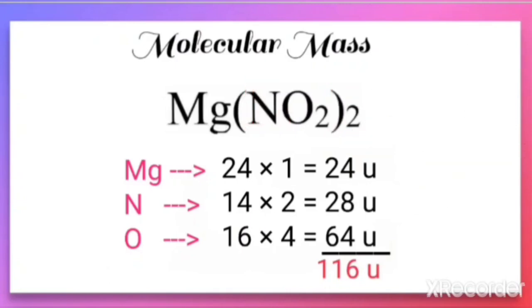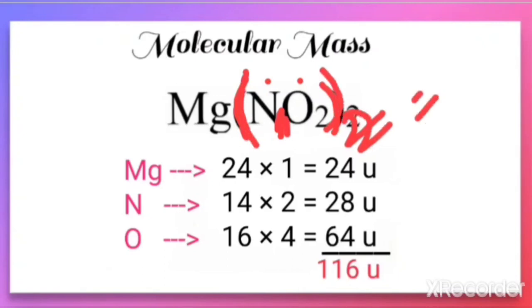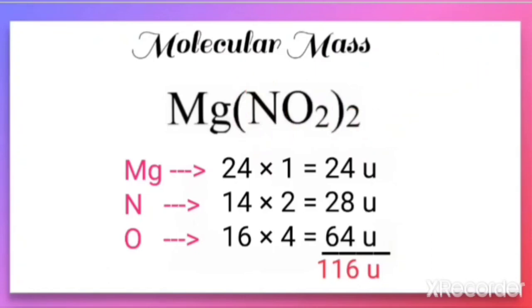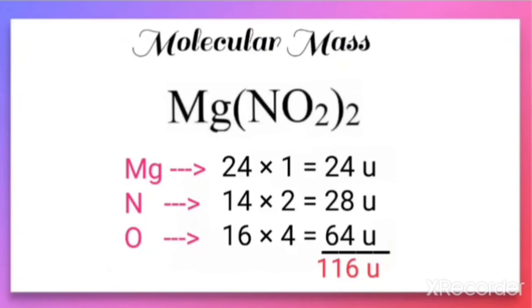So there are 2 nitrogen atoms in this molecule. So the nitrogen atomic mass is 14 into 2 nitrogen atoms, giving 28 U.